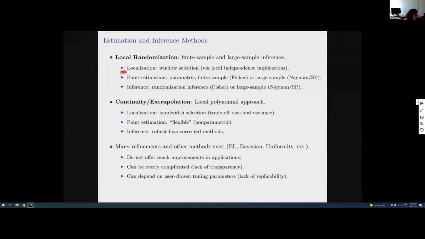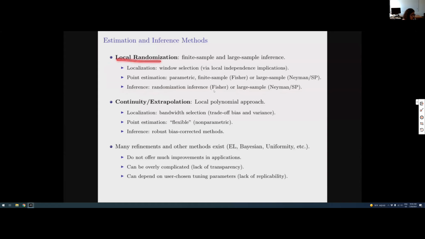Then when we talk about point estimation and inference, we're going to have a focus on non-parametric methods. And in local randomization, we're going to have a choice between finite sample valid methods and large sample methods.